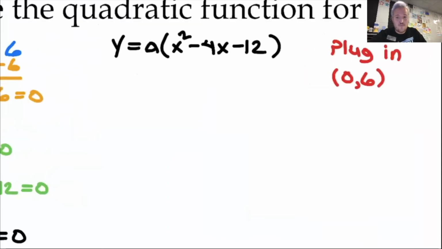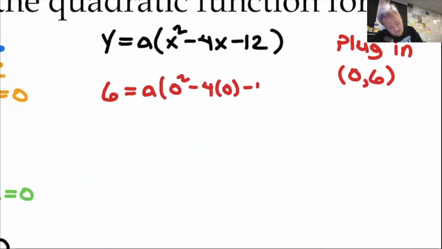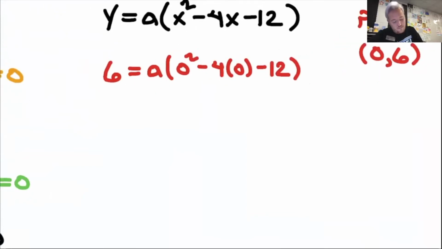All right, so over here, now I'm going to plug in 6 for y, and then 0 for your x value. All right, now I need to solve. So 6 equals a parentheses 0 minus 0 minus 12.